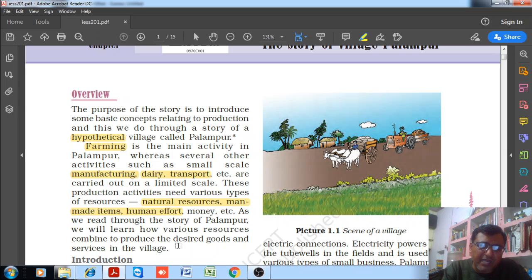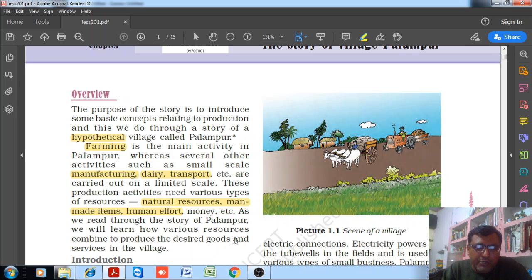Somebody is a doctor, a driver, a conductor, somebody knows how to manufacture things. So all the human beings are resources themselves. In this chapter we have merged all such concepts which together play important roles behind the production.